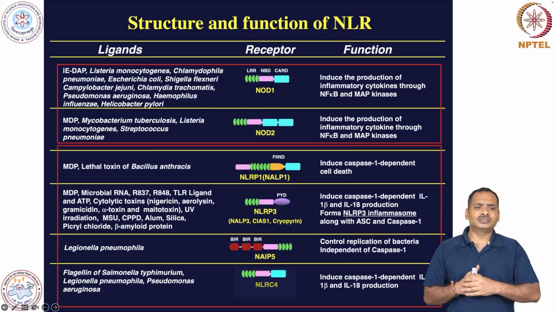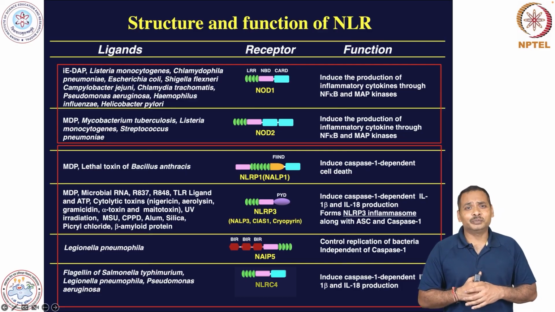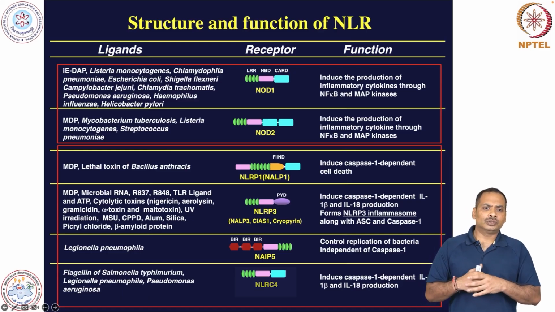They can also sense various TLR ligands, and they can sense ATP from the host also. Okay, they can sense various cytolytic toxins like nigericin, aerolysin, gramicidin, alpha toxin and maitotoxin.